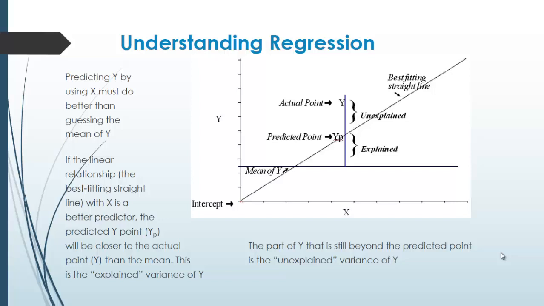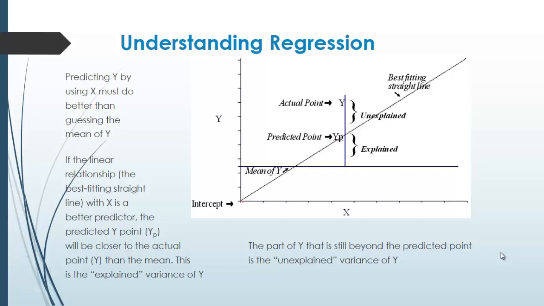Then there's the actual value of y. In this instance on the diagram, just y, right? It's the actual point. So when you have long distances between the predicted value, which is on the best fit line, and the actual value, you have an inconsistent relationship.